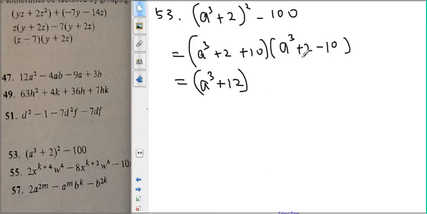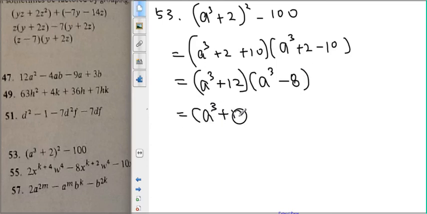This is already factored. But here we get a to the third minus 8. But 8 is a perfect cube. So this can be rewritten as a to the third plus 12 times a to the third plus negative 2 to the third power.